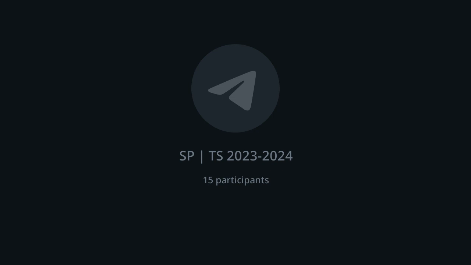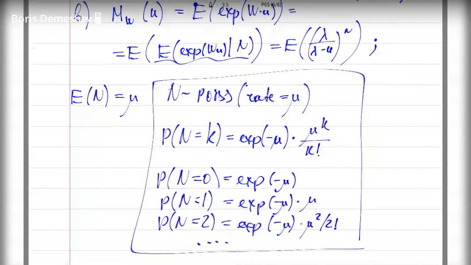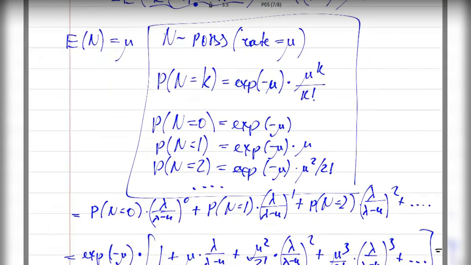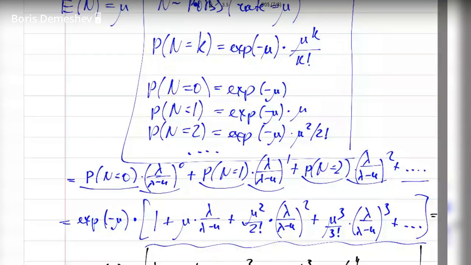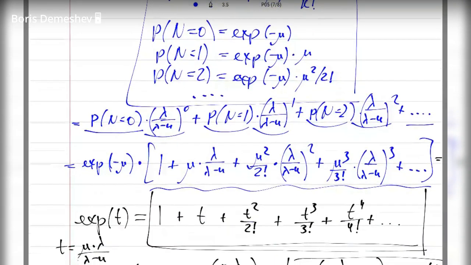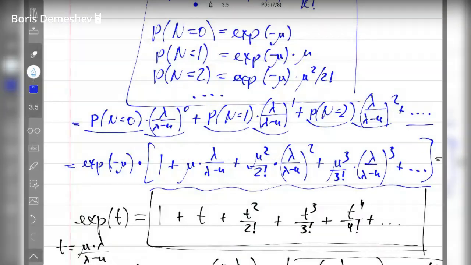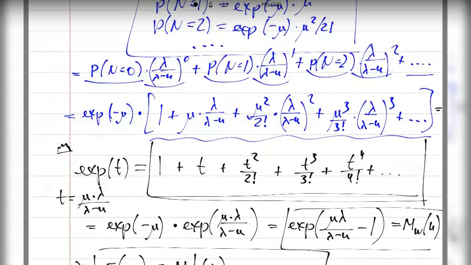But that's not easy to calculate expected value because we have an infinite sum. We have an infinite sum: probability multiplied by value, probability multiplied by value, probability multiplied by value. But if we look carefully at this sum, it's a Taylor series, so we recognize, like, that's a rabbit.